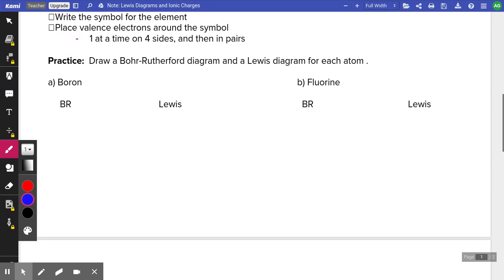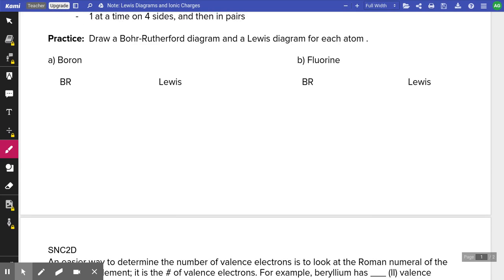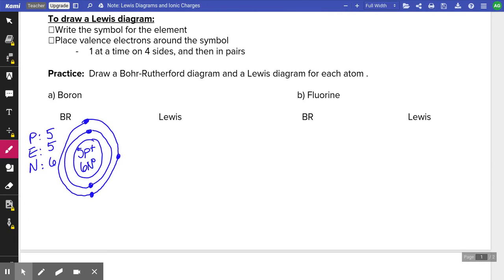Okay, so a quick comparison. I'm only going to do one because I think you'll get the picture. I'll do one for both Bohr-Rutherford and Lewis, and then I'll just do Lewis for the other one. So boron, right? Again, we're going to have protons, electrons, neutrons. 5, 5, and 6. All right, Lewis diagram.